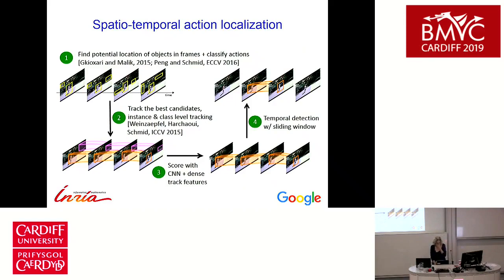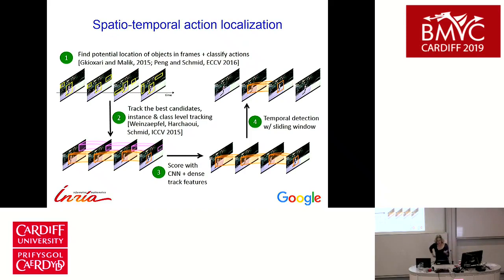And then people have been looking into spatio-temporal action localization for a while. Initial approaches just looked at the data frame by frame. For each frame, instead of doing object classification, they did action classification. For example, one of the approaches from Georgia and Jitendra was to use Faster RCNN to predict the actions.